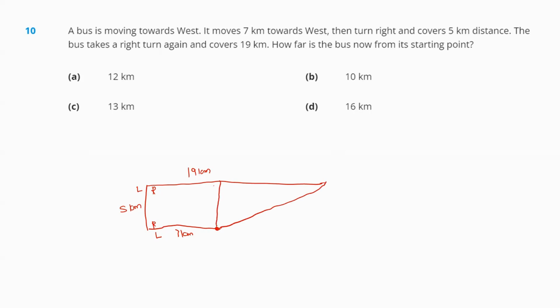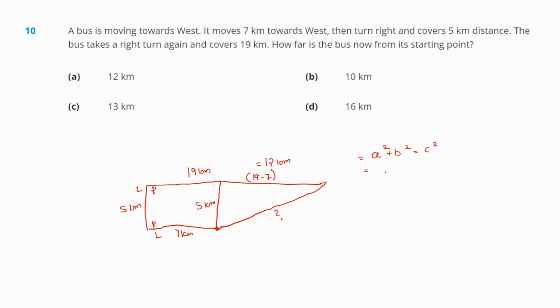So if we draw a line here, this is 5 kilometers and this will be 19 minus 7. That is 12 kilometers. We need to find this. We will be applying the Pythagoras theorem here. That is a square plus b square equals c square.